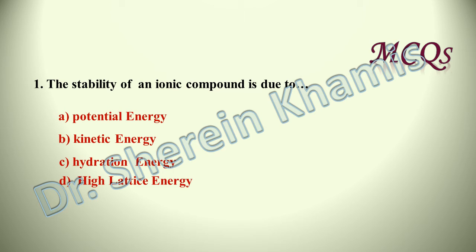What do you think the right answer is? It is high lattice energy. I think it's easy. You have to know every kind of question. In the next session, I will collect questions from the Egyptian Knowledge Bank and we will answer them. Okay, let's go.